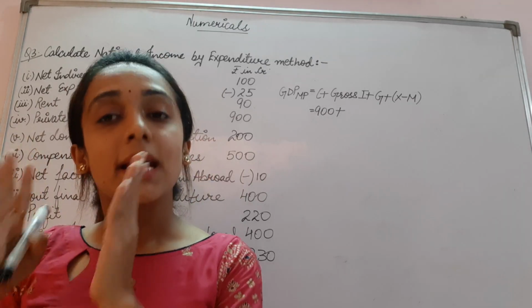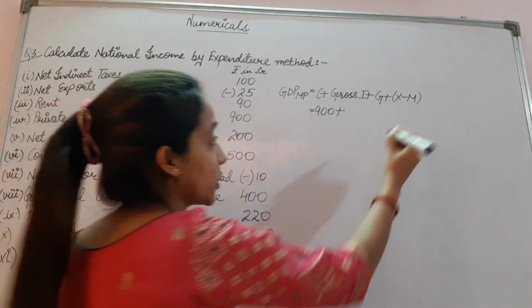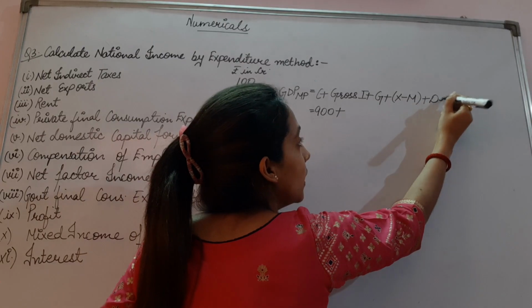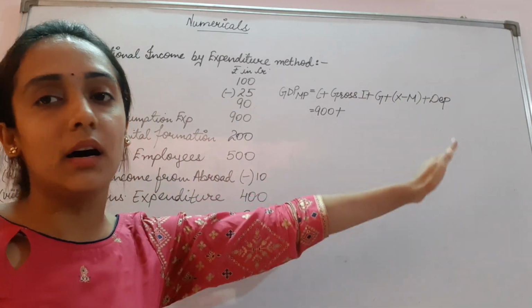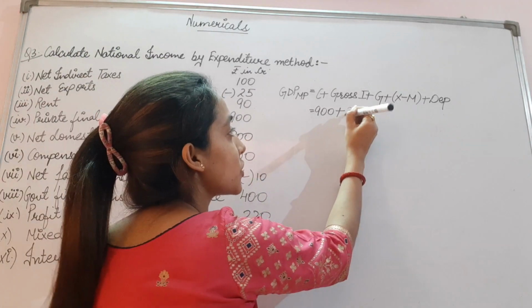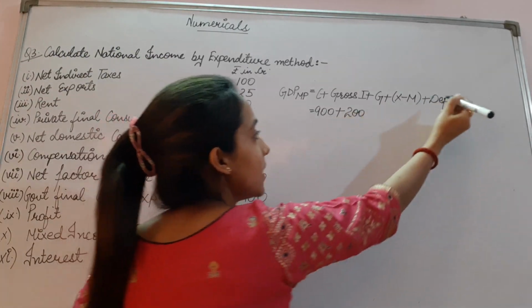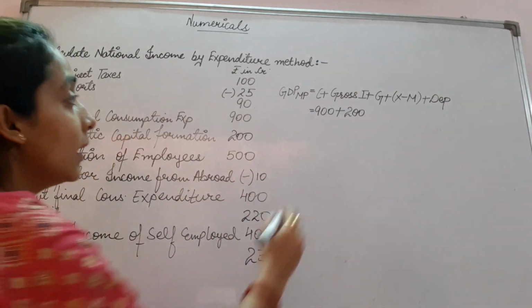To convert net domestic into gross domestic capital formation, we will add depreciation in the formula. Net domestic capital formation is 200, and afterwards we add depreciation.